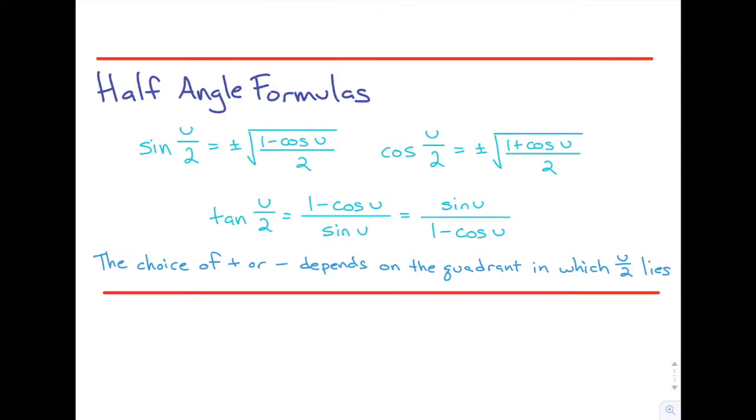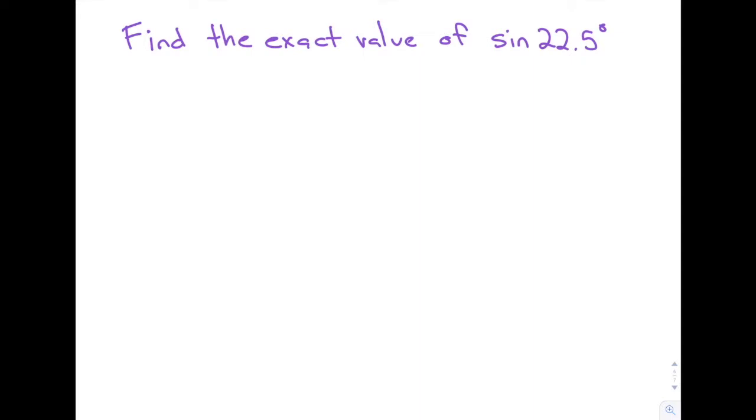So perhaps one of the more obvious ways that we can use these formulas is if we want to find the exact value of sine 22.5 degrees. The first thing we notice is that 22.5 degrees is just half of 45 degrees. So now we can use our half-angle formula.